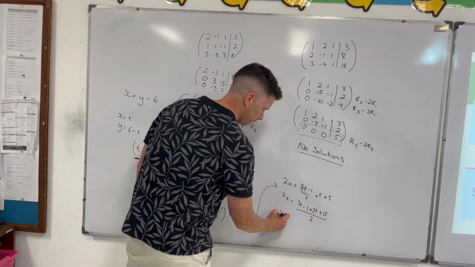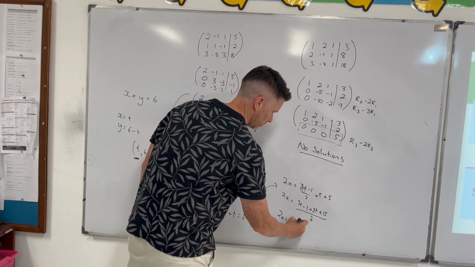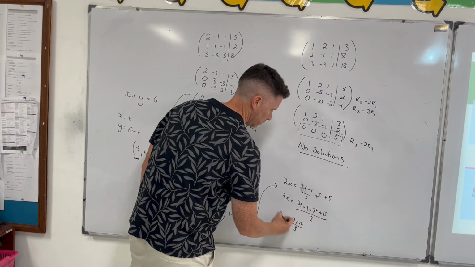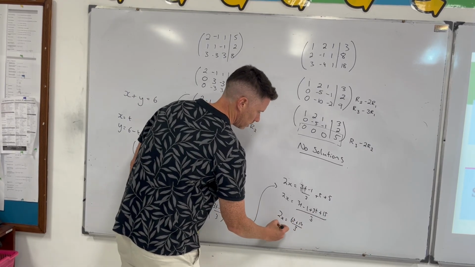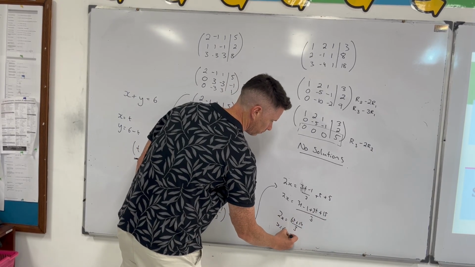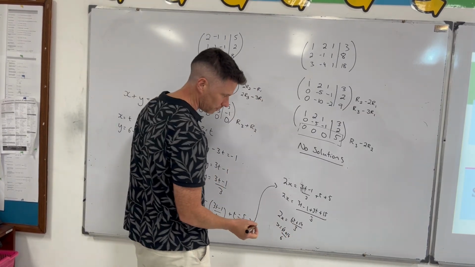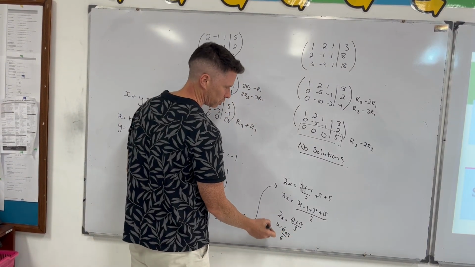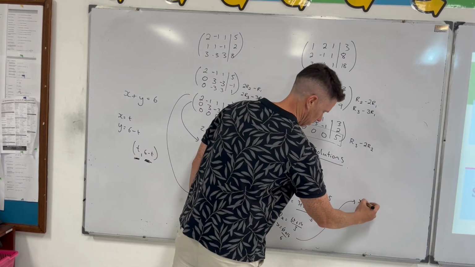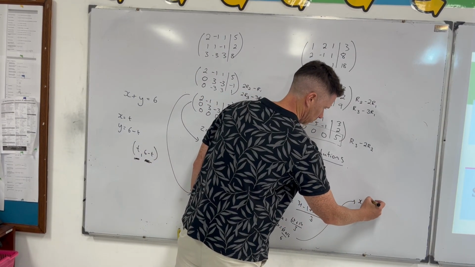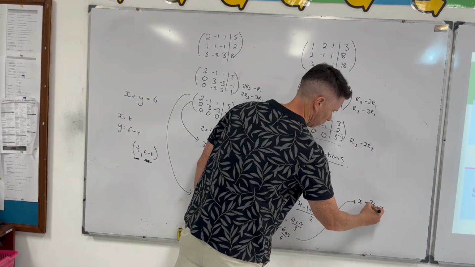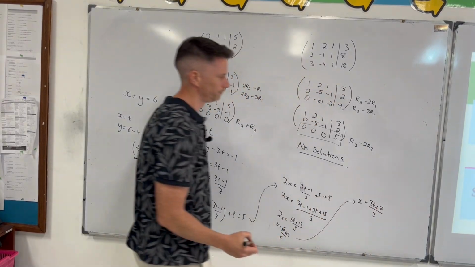Yeah, 6t plus 14 over 3, divided by 2 then. X is 6t plus 14 over 6, but of course that can simplify a little bit. If I divide everything by 2, x is, what is it? 3t plus 7 over 3.